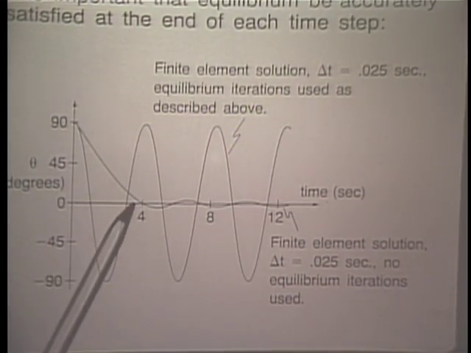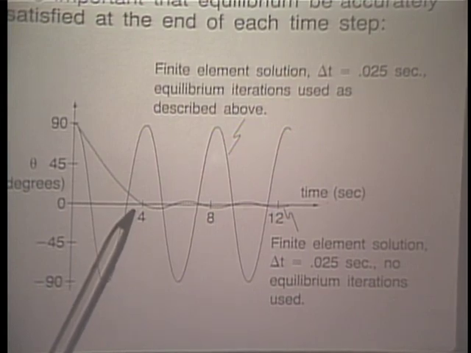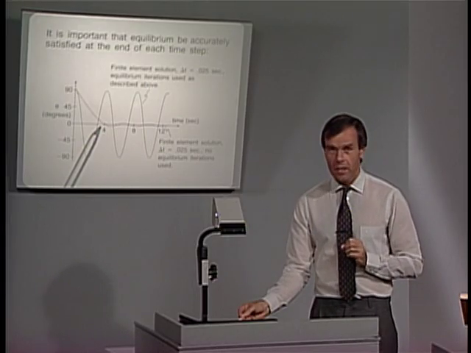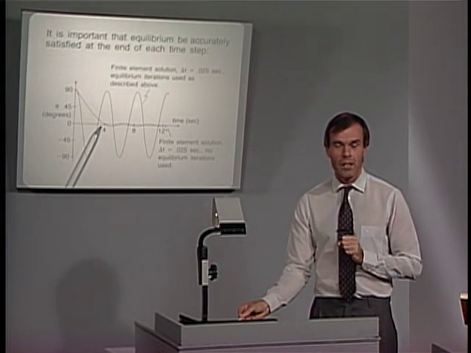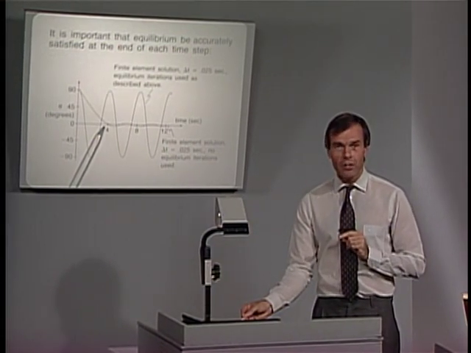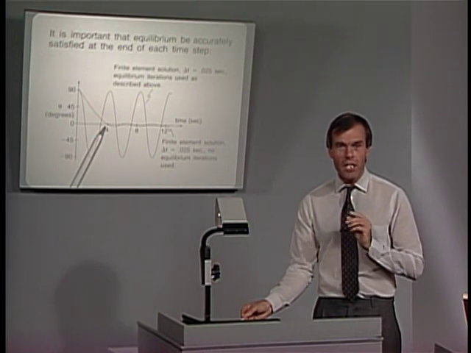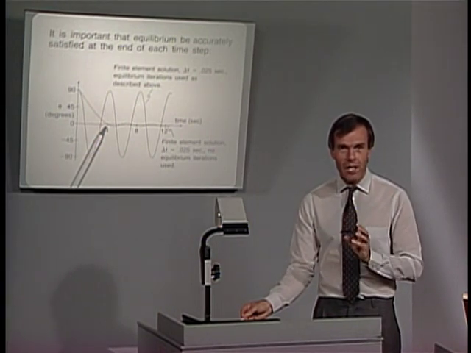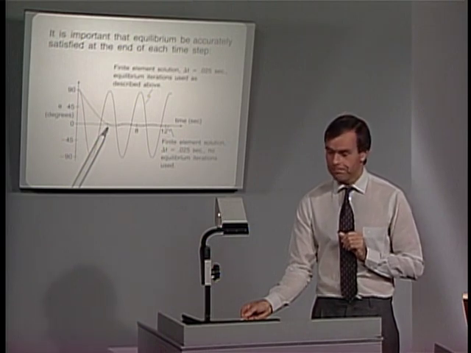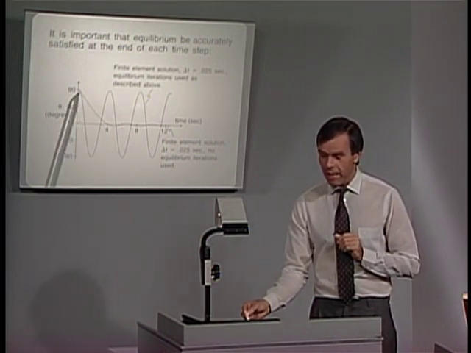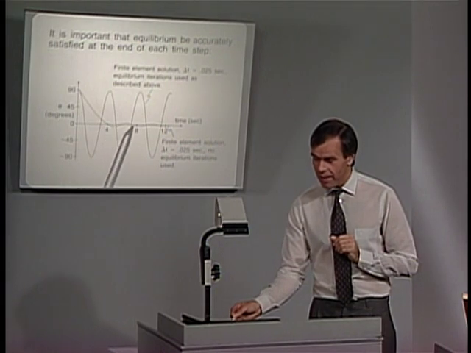This, of course, shows the importance of iteration. We have to iterate in the solution for a dynamic problem. It's very important to iterate in order to establish equilibrium for every time step, for every discrete time that we are considering. In this particular case, we see that we obtained a highly damped solution.